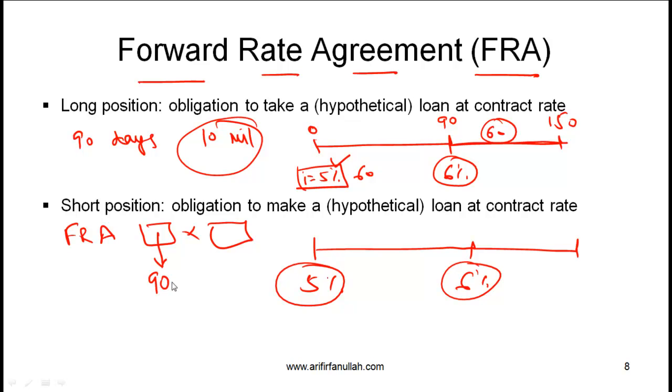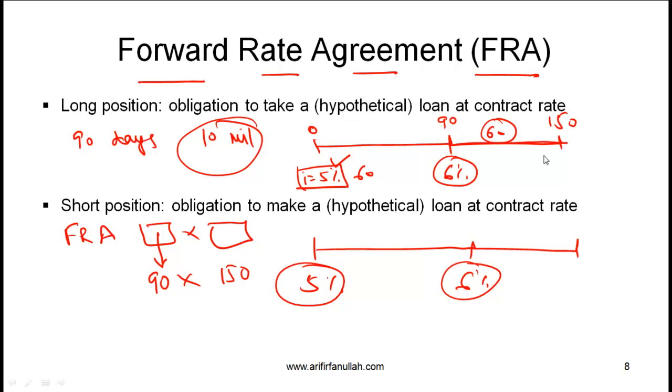So this could be written as 90. The second number is when the loan ends, starting from today. In this example above, the loan ends on day 150. So this can be written as a 90 by 150 FRA, which means that at time 0 we are getting into a contract to borrow on day 90, and the money will be returned on day 150.